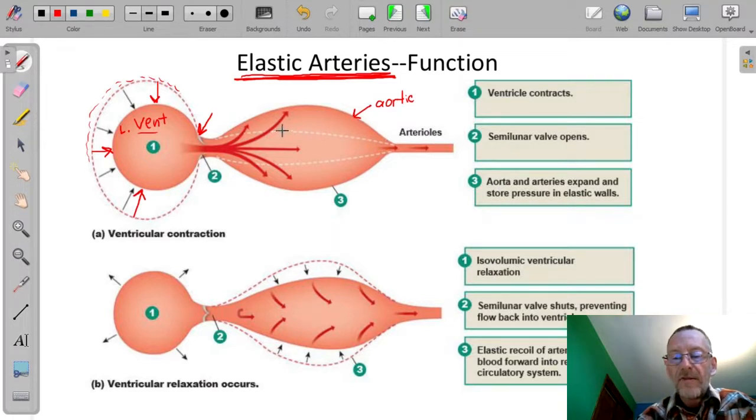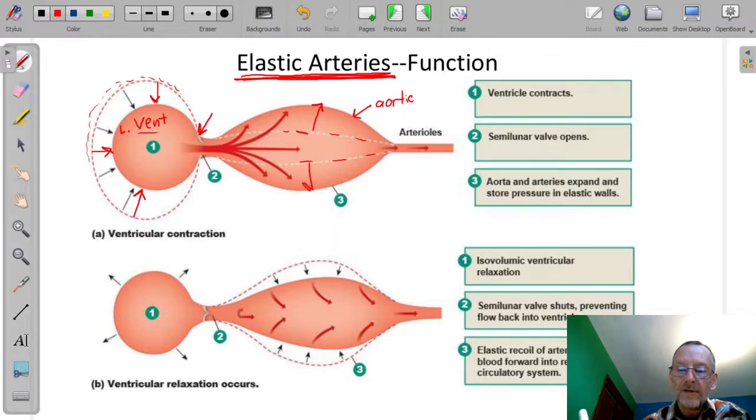This may have been the relaxed state, and then when the ventricles contract and eject the blood, the aorta stretches like a balloon, as shown in the figure. The blood was shoved out of the ventricle rapidly into the aorta. The semilunar valves close, and that's the lower figure. The valves now close.